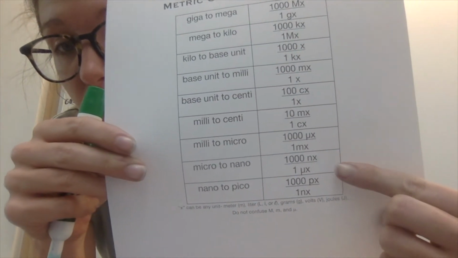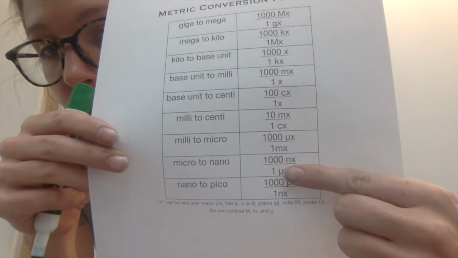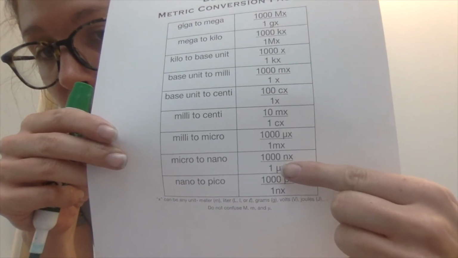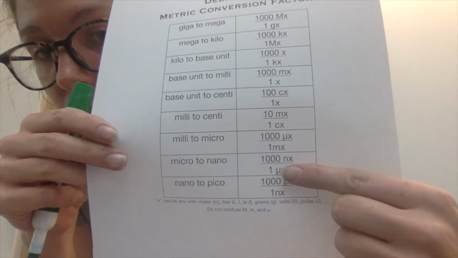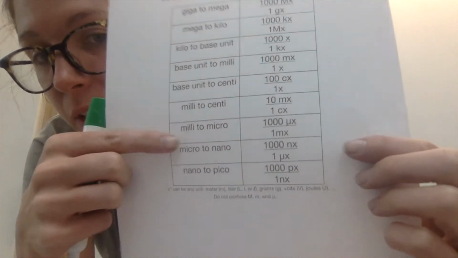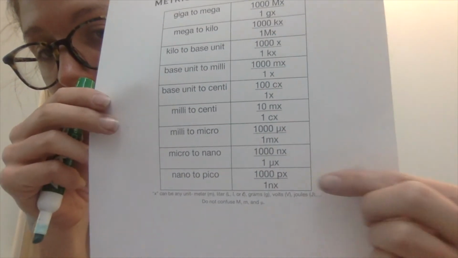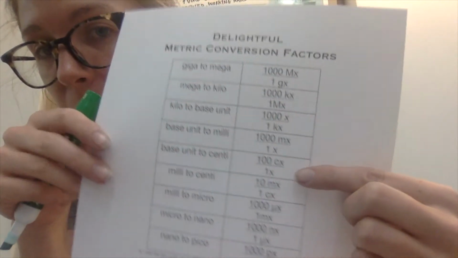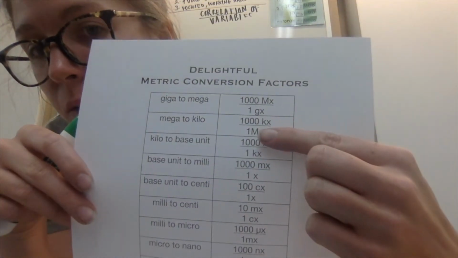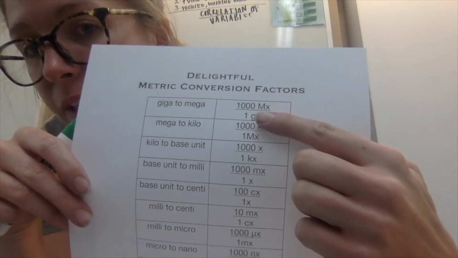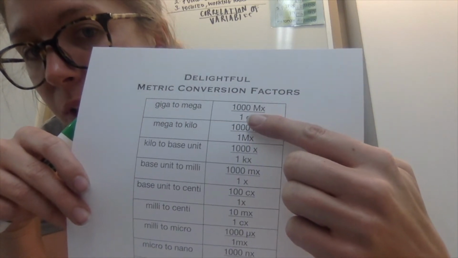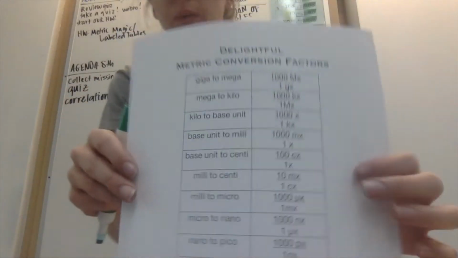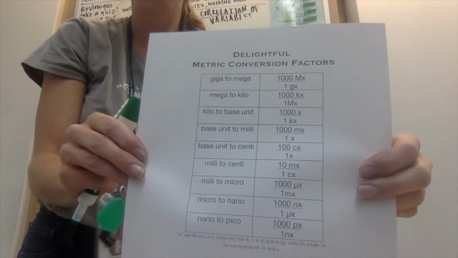So nano, and then that little weird U thing is called micro, right? You can see that here. It says micro. And then pico is probably unfamiliar. Mega, right here. Mega is unfamiliar. And then giga. And this is a typo. It should be a capital G. Okay, so anyway, those are some ones you've maybe never seen before.